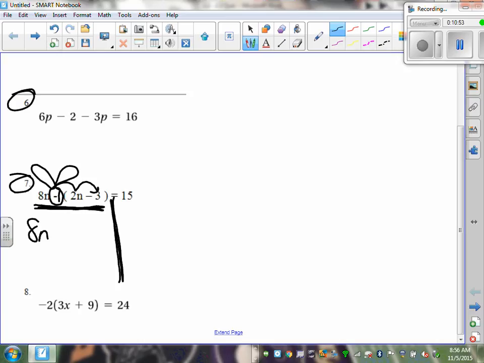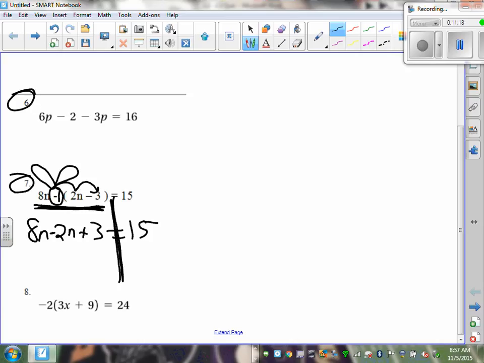Negative 1 times 2n is negative 2n. Don't forget the n. A negative times a negative is a? Negative and negative is a? Excellent. So it's a positive 3 equals 15. Now we're back to what we did in the problem above.